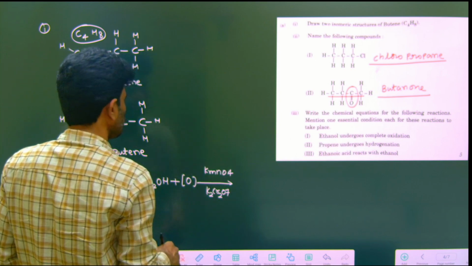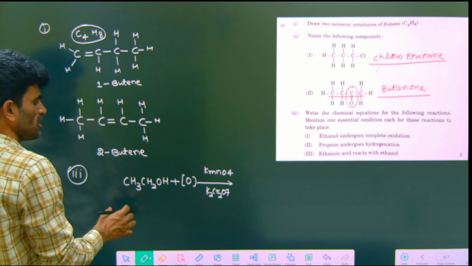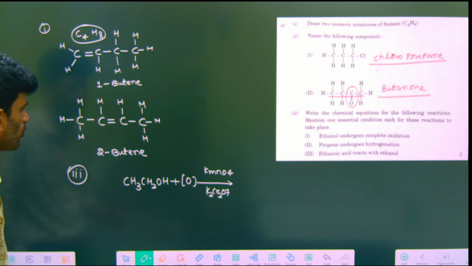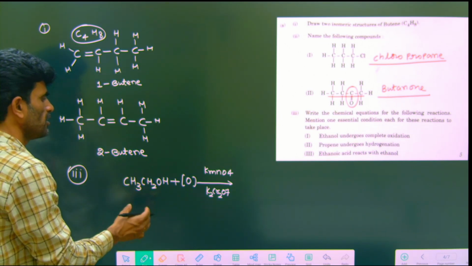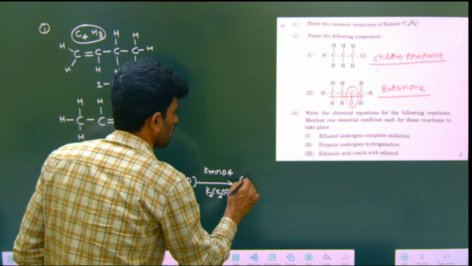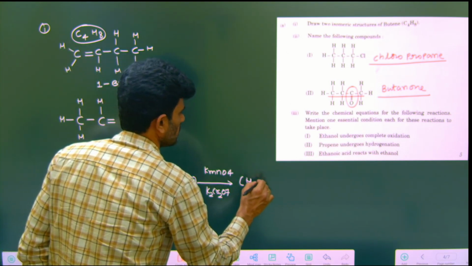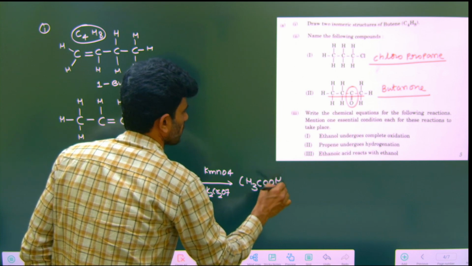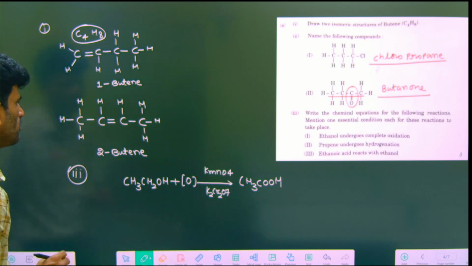In presence of these two, C2H5OH or CH3CH2OH, ethanol will be converted into ethanoic acid or acetic acid, CH3COOH.